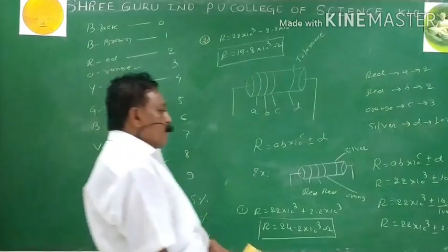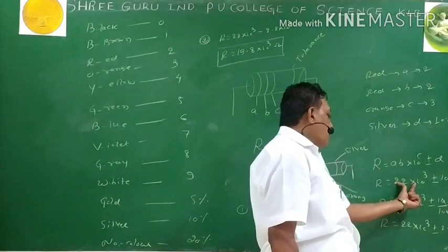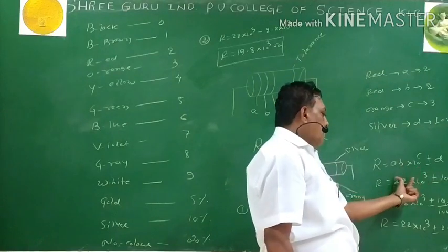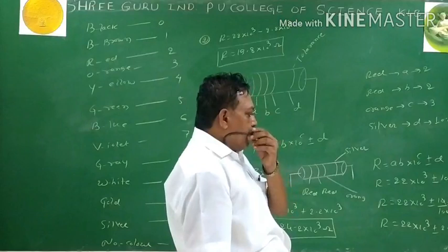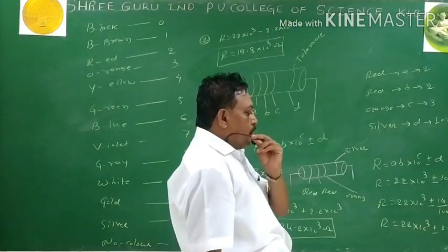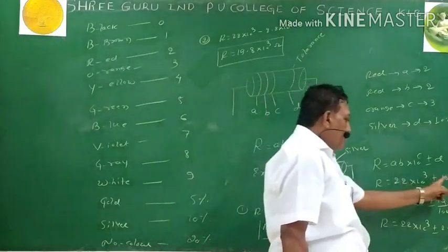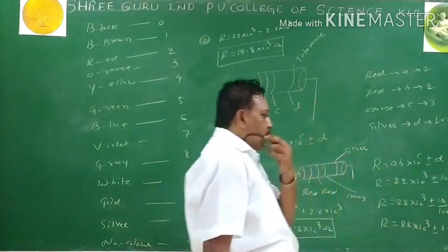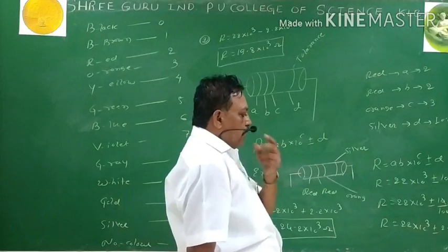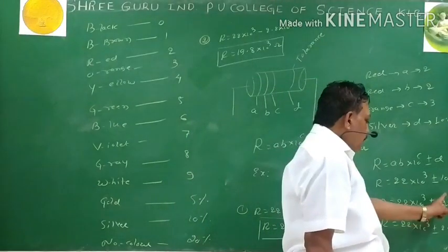Without considering the tolerance, the value is nothing but the average value, 22 into 10 to the power of 3, that is nothing but 22 kilo. By considering the tolerance, the only thing you have to remember is, 10% of what? You have to ask yourself, 10%, 10 by 100, 10% of what? Total resistance. Then you make it 22 into 10 to the power of 3, that 10%. So the 0 gets cancelled.